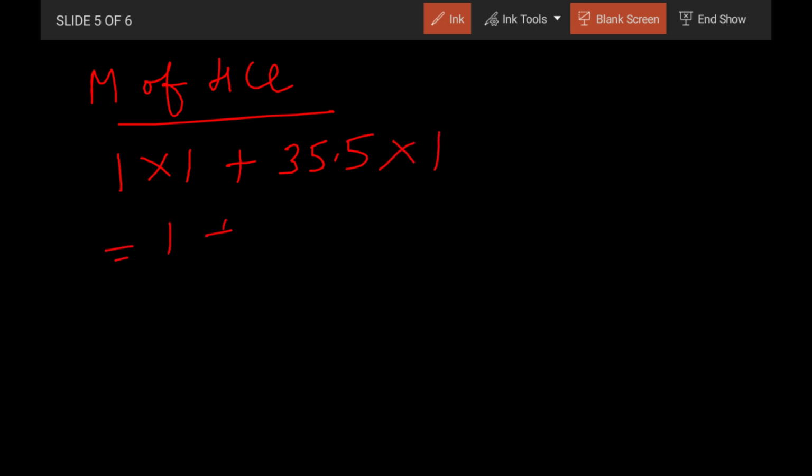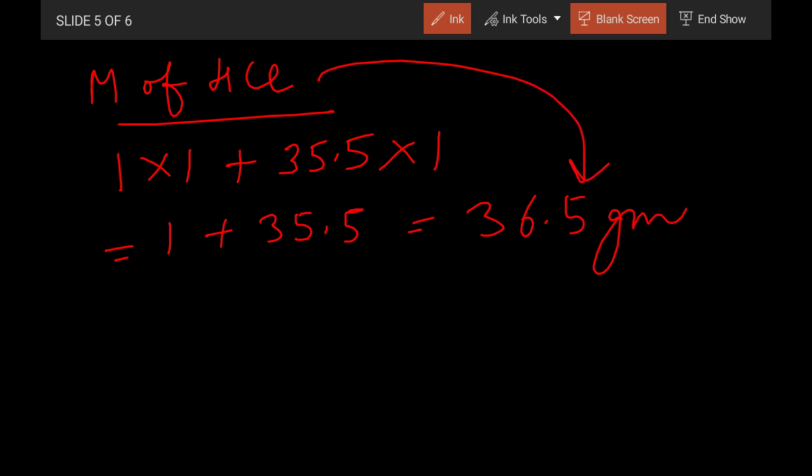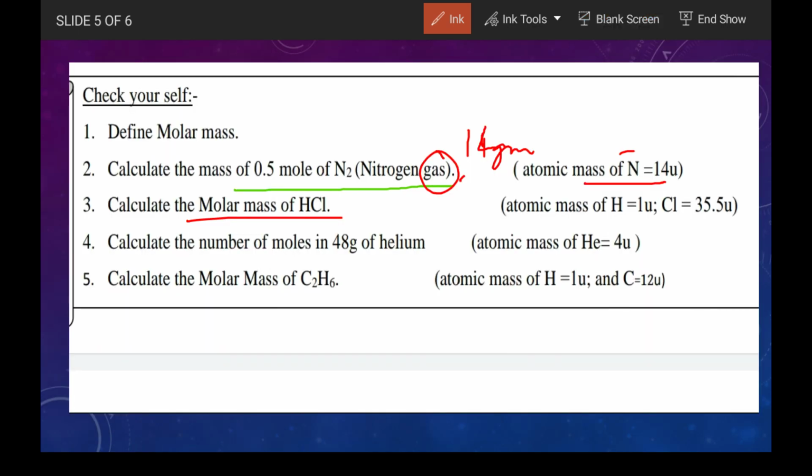We'll get 1 plus 35.5 giving rise to 36.5 gram. So your molar mass of HCl is 36.5 gram only. We'll write it here, 36.5 gram. This is the answer of question number 3.